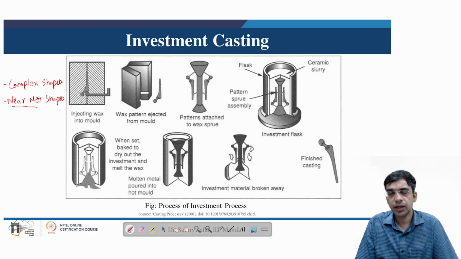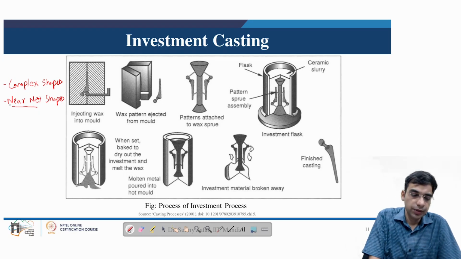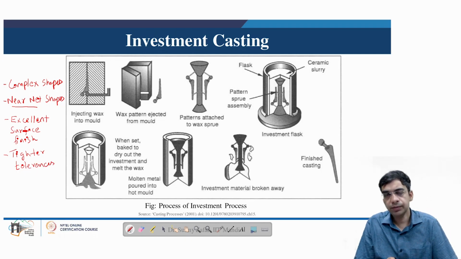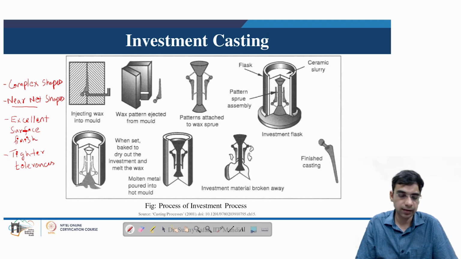So the investment casting process produces the complex and near net shape with excellent surface finish and tighter tolerances. So because of these attributes, the investment casting process is very favorable to manufacture the gas turbine blades.